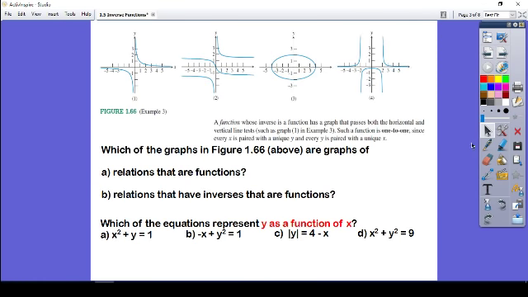Okay, so which of the graphs in the figure above are graphs of relations that are functions and then relations that have inverses that are functions? So let's see. Graph 1 is passing the vertical line test on all parts, so graph 1 is good to go.